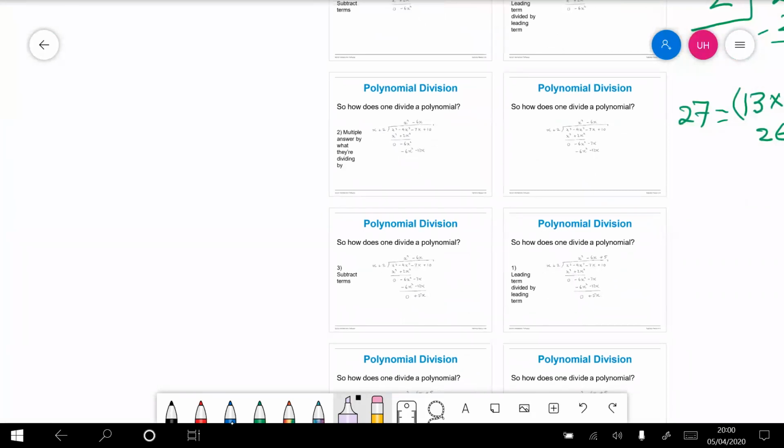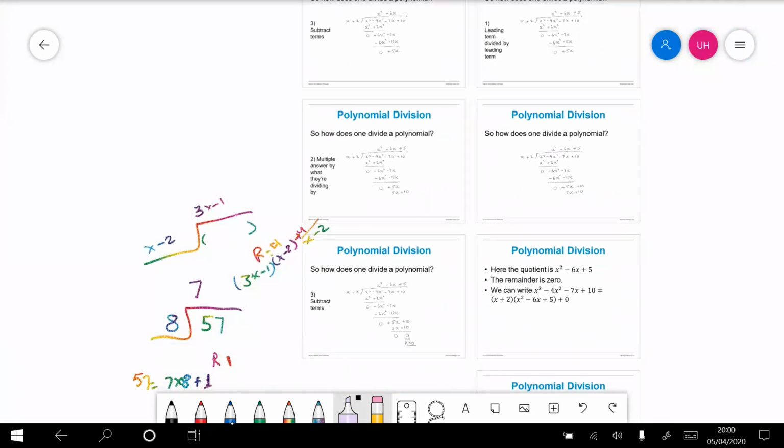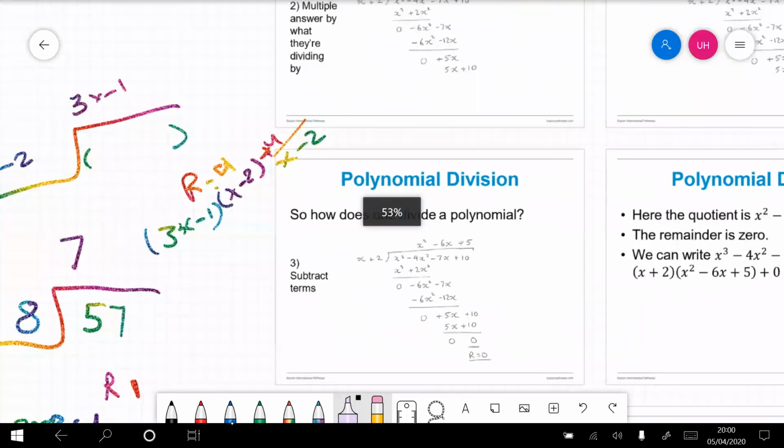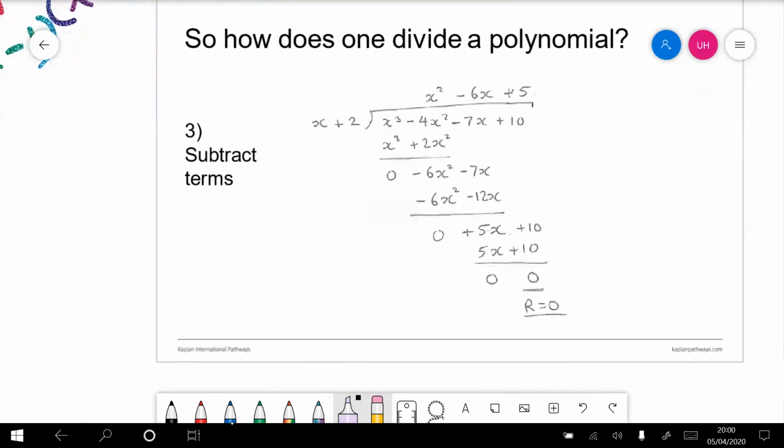They finished here, 5x plus 10, it's here. So this is the slide when they finished. Okay, so x squared minus 6x plus 5, and the remainder equals 0, r 0. So the quotient is x squared minus 6x plus 5, and r equals 0, which is the remainder.